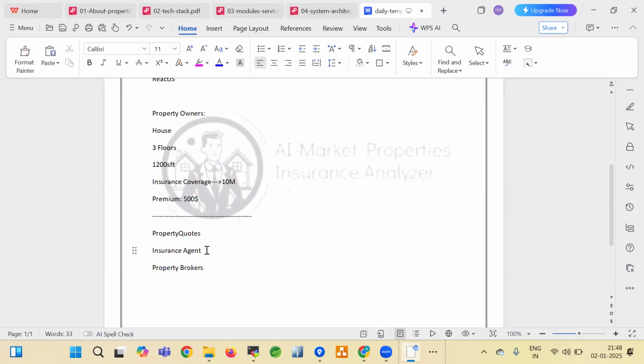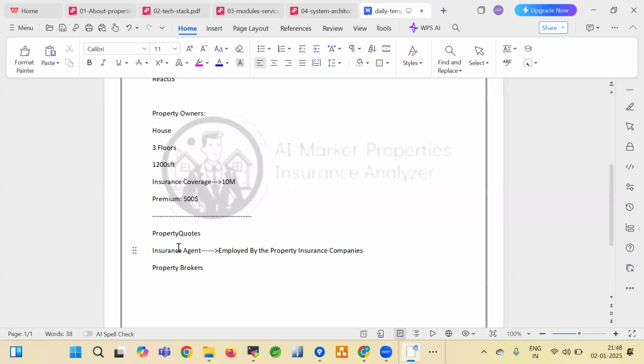Now, property agents are employed by the property insurance companies. We could call them the insurers.